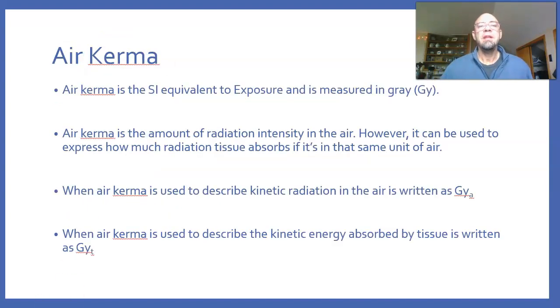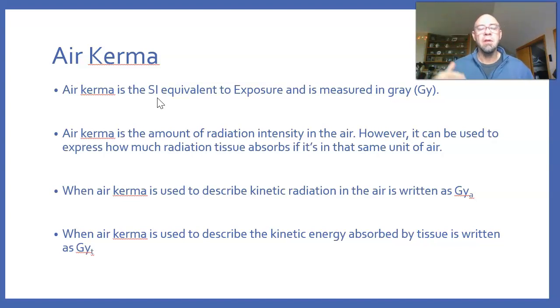With exposure, we deal with air kerma. If you're reading this top bullet, you might be wondering what SI is. It's System International. So the international system for exposure in the air is air kerma. If we've got radiation in the air, coming from the x-ray tube and in between the tube and the image plate, when we hit the exposure button, there will be air kerma.